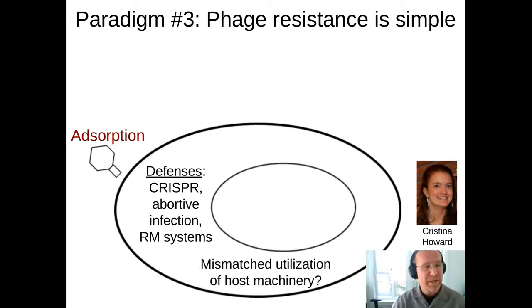And the third is that in the oceans, a virus may not find the right host, so it finds an alternative host, and it may simply not have the right molecular machinery tuned to make the takeover process efficient. So, mismatched utilization of the host machinery.